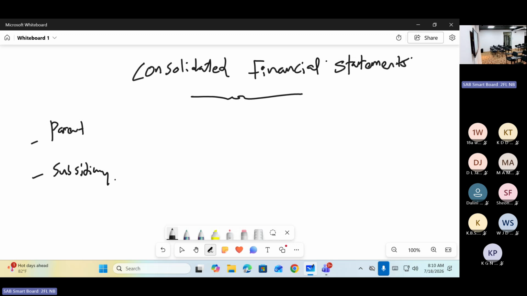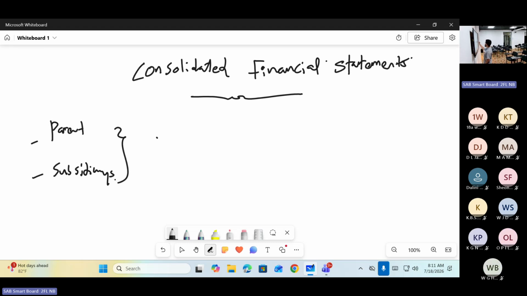What do you mean by parent? That's the key, leading company in a group environment, and for that we do have a definition. The parent plus its subsidiaries we call a group.